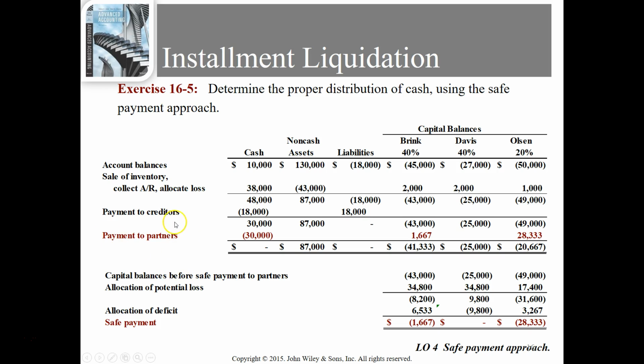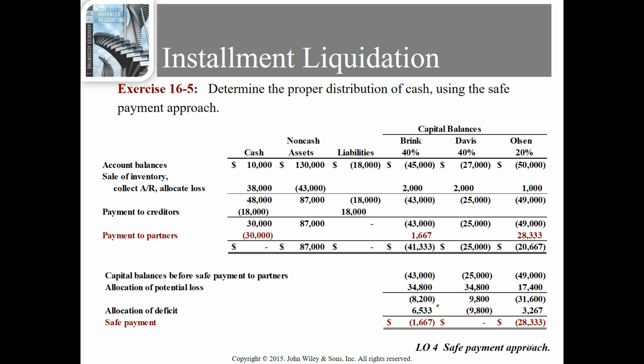So please note, let's take a detour with the schedule down to the bottom. Here are the capital balances currently on the books. The safe payment assumes, ladies and gentlemen, that we are not going to be able to sell the non-cash assets. They're going to be worth nothing, zero.